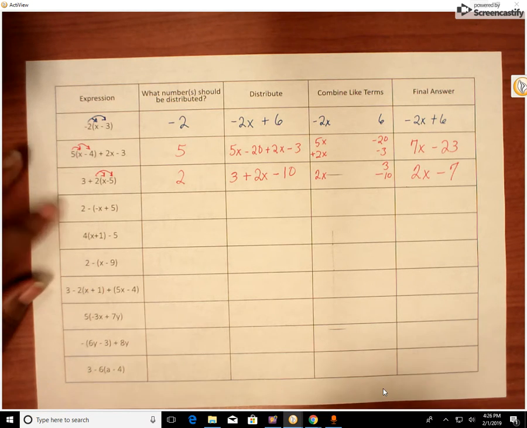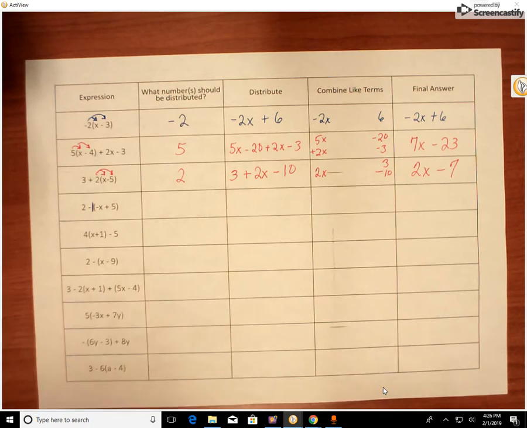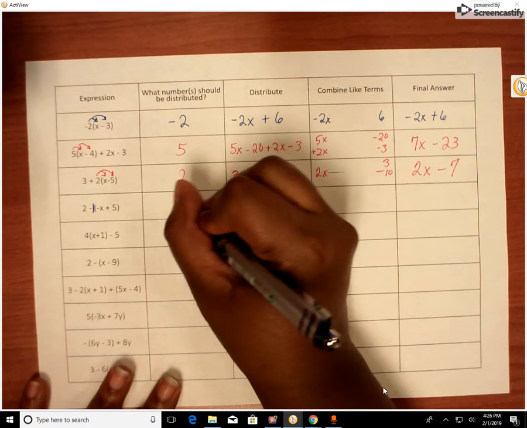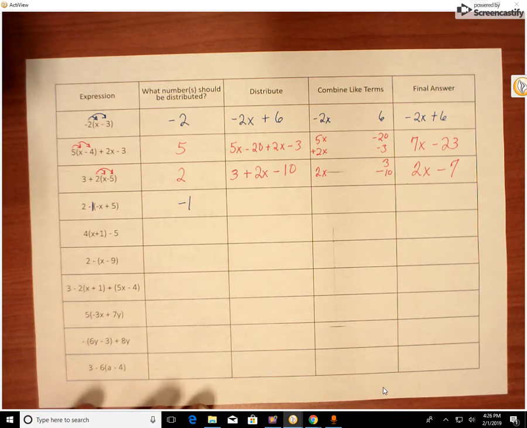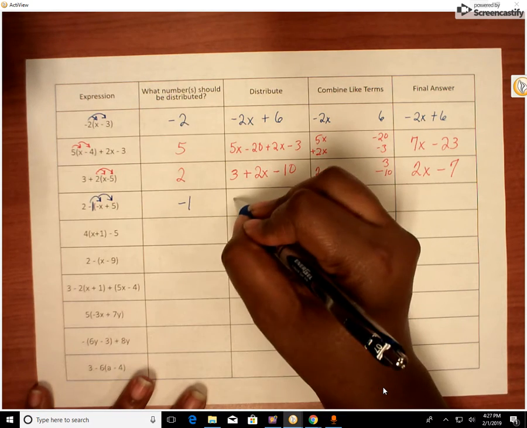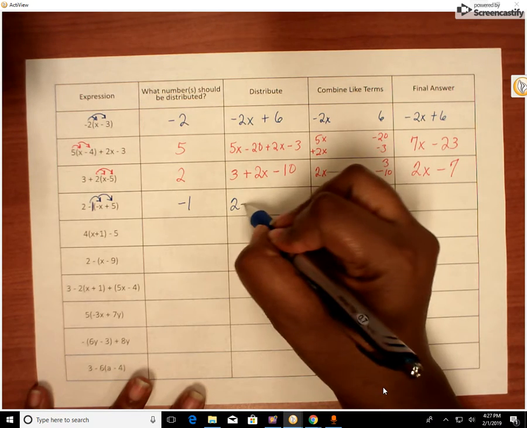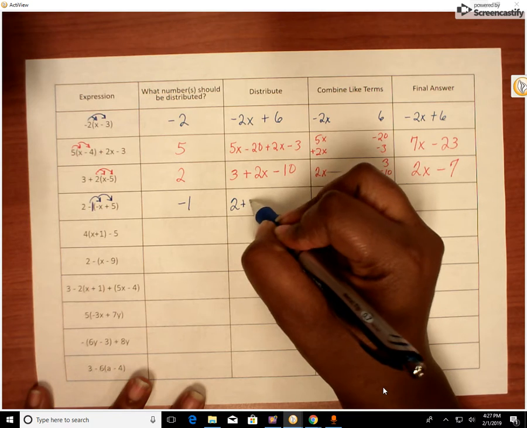Here, on this problem, when there's a minus here, that is a 1. A negative 1, because it is a minus. So we're going to distribute that times everything in the parentheses. That means my 2 stays the same. Negative 1 times negative 1 is a 1x.